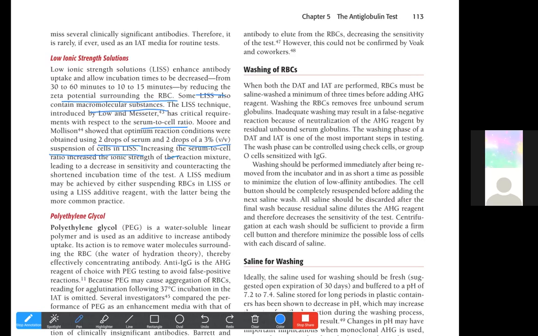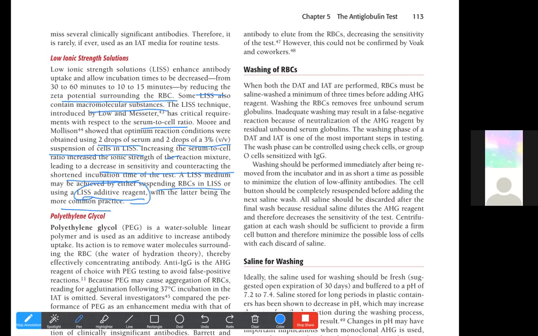Increasing the serum to cell ratio increased the ionic strength of the reaction mixture, leading to a decrease in sensitivity and counteracting the shortened incubation time of the test. A LISS medium may be achieved by either suspending RBCs in it or using a LISS additive reagent, with the latter being the most common practice.